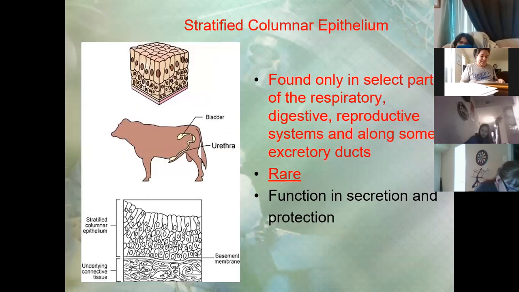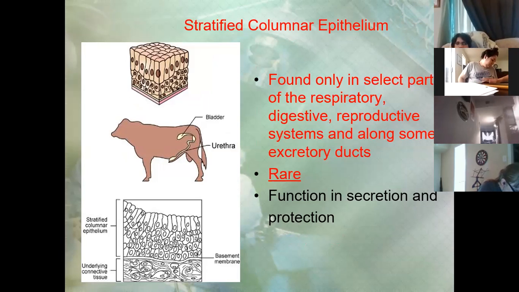Finally, we have our stratified columnar, more than one layer of column-shaped cells. Now, in dogs and cats and humans, this is very rare. We don't see this configuration. The animals where we do see it are going to be more of our large animals, like our bovine. What's a bovine? It's a cow.